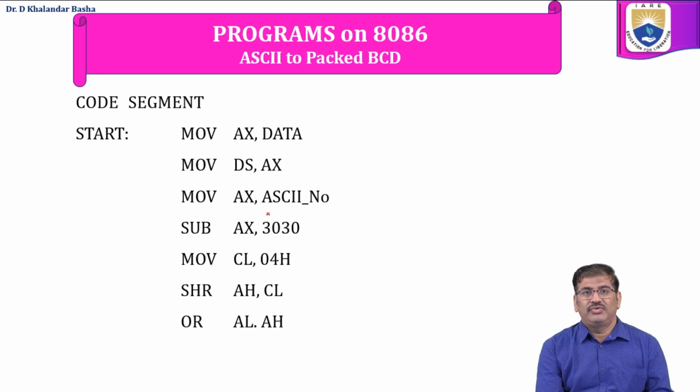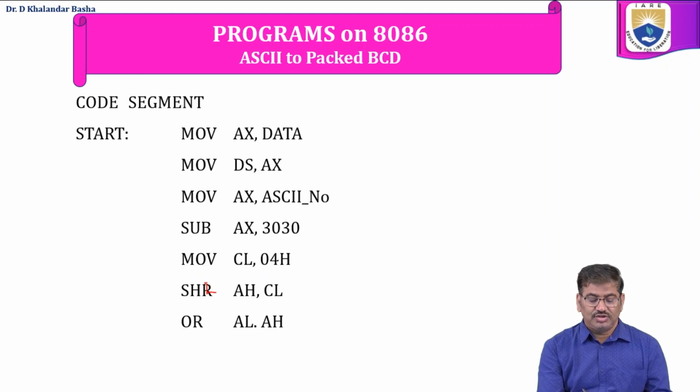Then fetching the input, which is an ASCII number, into the AX register by using the instruction MOV AX, ASCII number. Subtract 3030 from AX for retrieving the unpacked BCD number. Then we have to rotate or shift the AH contents towards the left side by 4 bits. So for that we load the count, MOV CL, 04H.